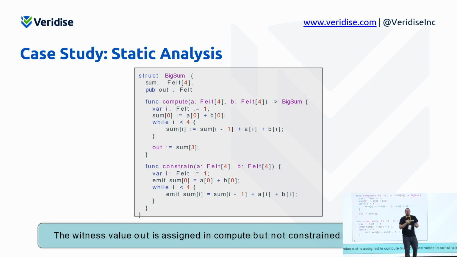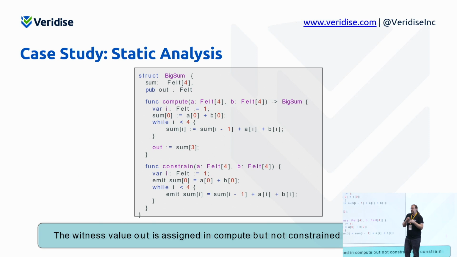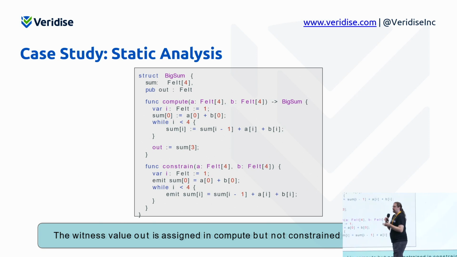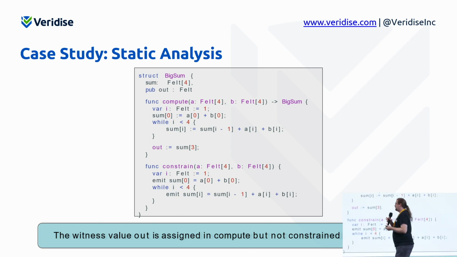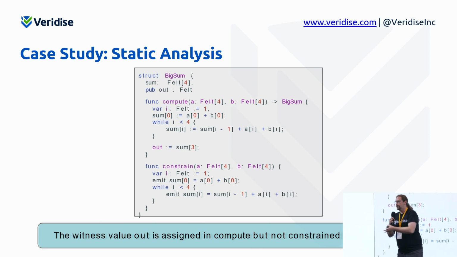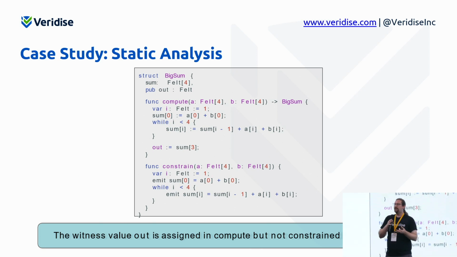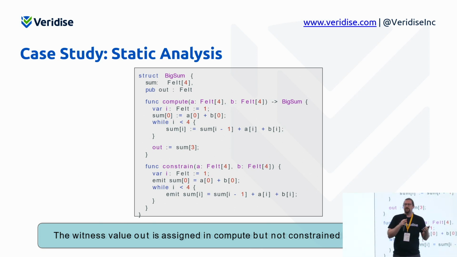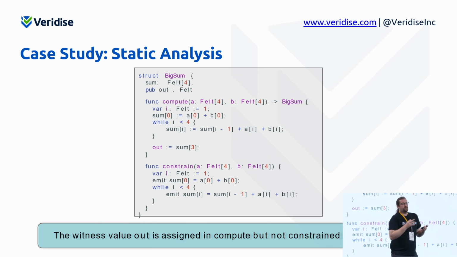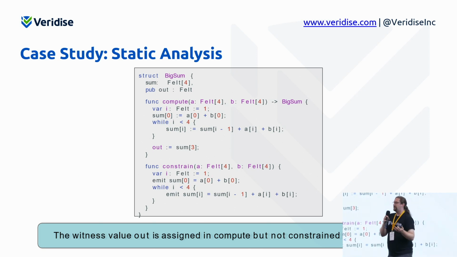This allows us to do very easy static analysis where, if we were in Circom, we might look for something like the single arrow. But here, we can simply inspect the two functions that are provided and look for discrepancies. This is a common way that static analyses we've built at Veridise have been able to identify bugs.